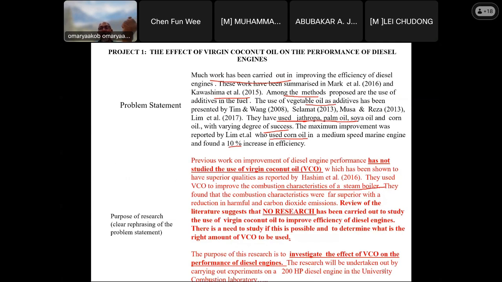Okay, now I have a basis for trying out VCO in a diesel engine. So there is the strong declaration there that there is no research carried out to study the use of virgin coconut oil. So that's why the purpose of the research is related to that.